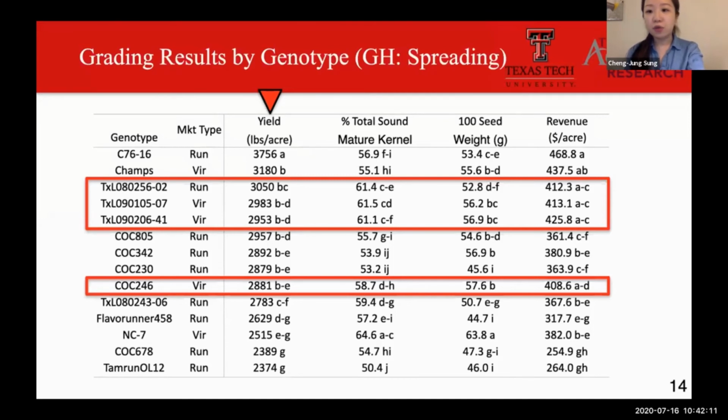Also, if you look at the last column, the revenue, these four genotypes perform pretty well on revenue. Revenue is one of the things we want to focus on because it influences the profitability for local peanut growers. So these four genotypes show a pretty nice performance overall, including their yield and revenue.